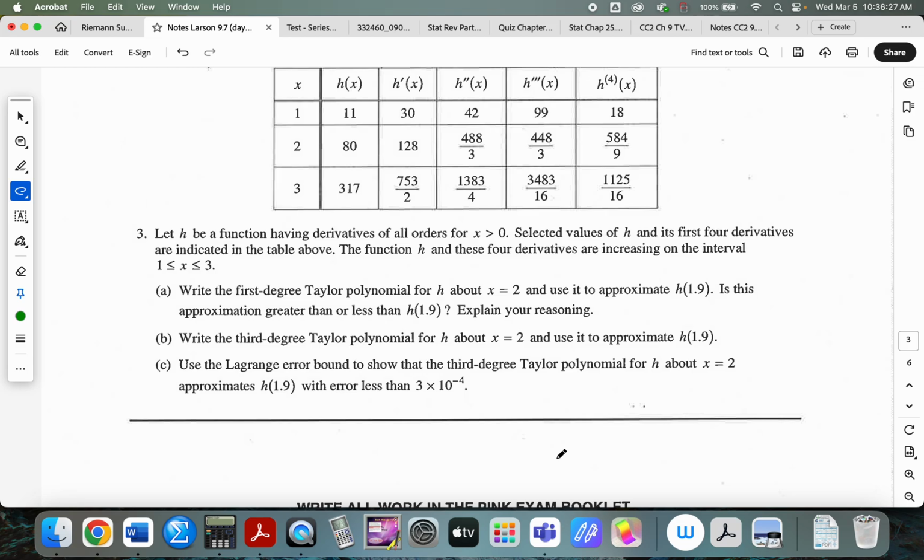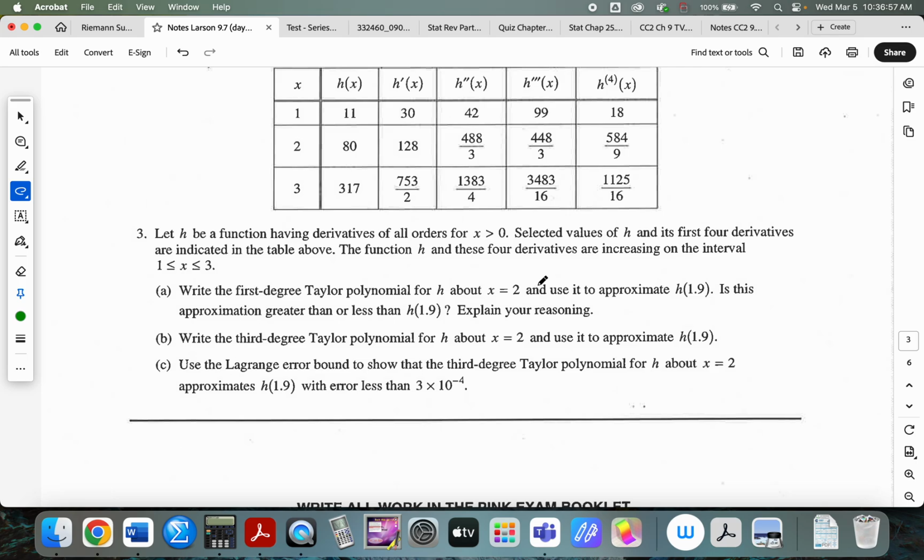The function h and these 4 derivatives are increasing on the interval from 1 to 3. Well, that's an interesting thing to throw in there, but okay. Find the first degree Taylor polynomial for h about x equals 2 and use it to approximate h of 1.9. Is this approximation greater than or less than h of 1.9? Explain your reasoning.